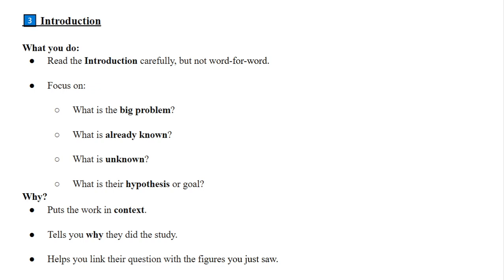From the title you will identify about 25 to 30 percent of the topic, and from the abstract about 30 percent, and from the figure you will get about 30 percent of the paper.